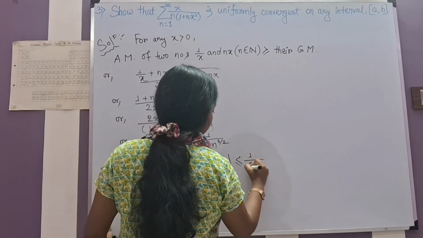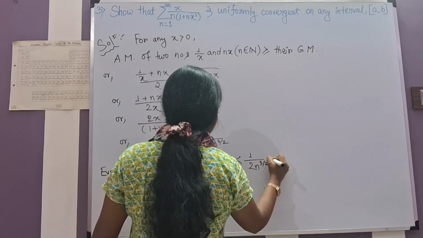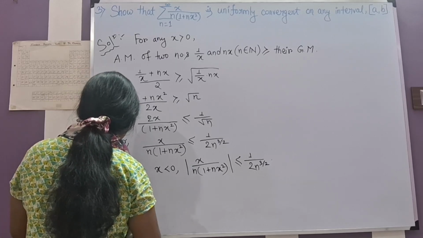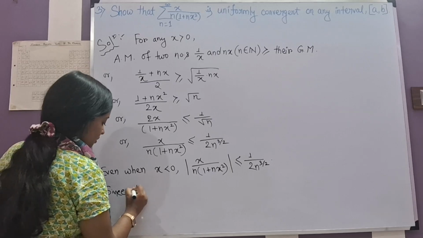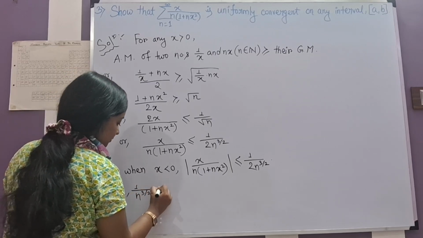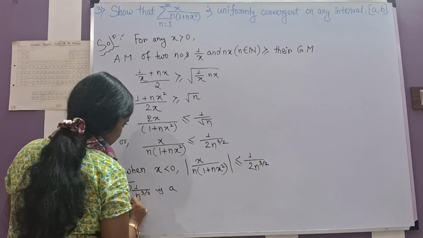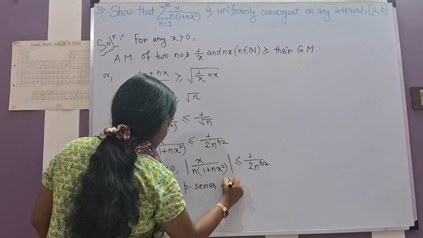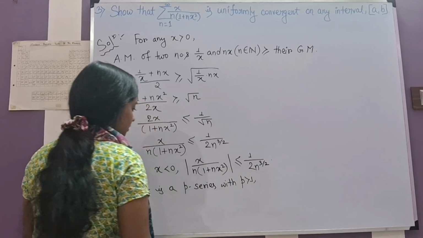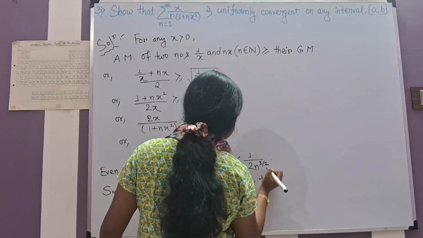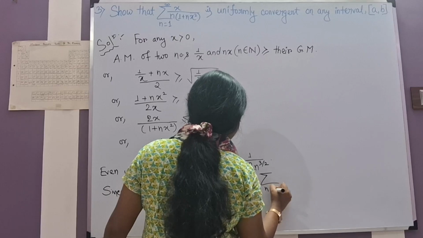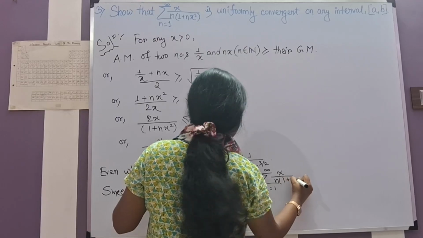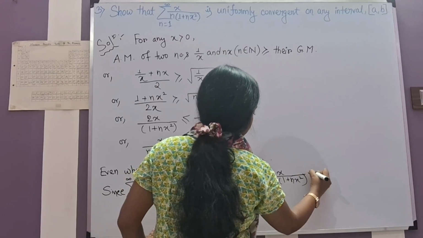Since 1 by n to the power 3 by 2 is a P series with P greater than 1, summation n equal to 1 to infinity x by n into (1 plus nx squared) is convergent on any interval.